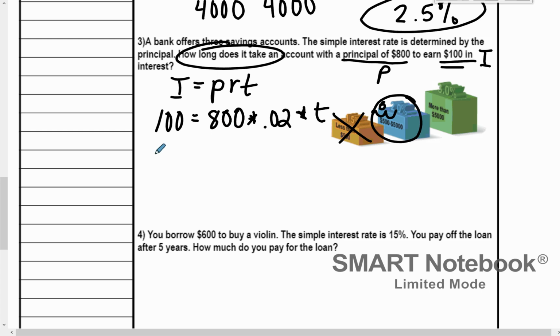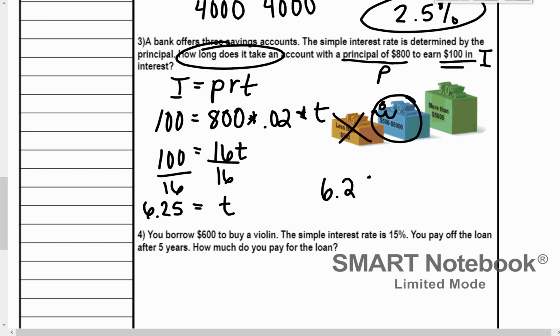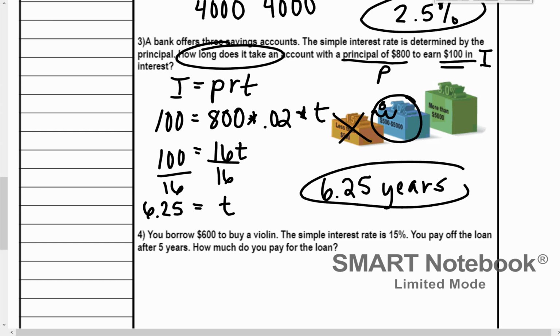All right, so let's take 800 and multiply it by 0.02, and we will get 16 times t. We would then divide each side by 16. We get t equals 6.25. Okay, and remember that answer is in years. So our answer would be 6.25 years.